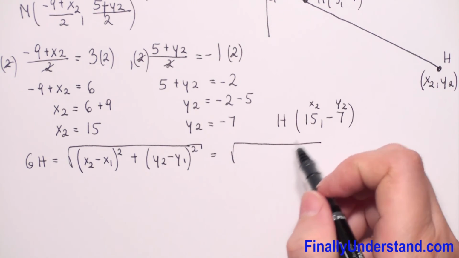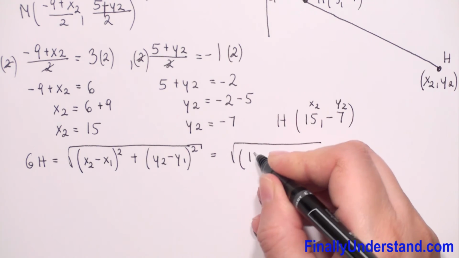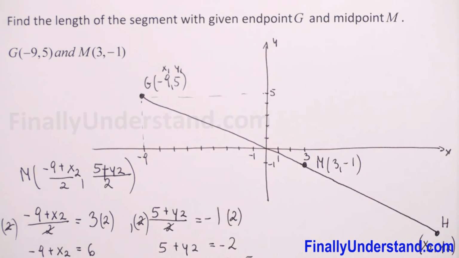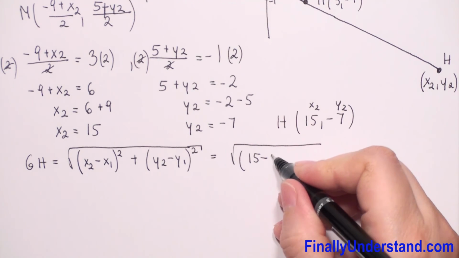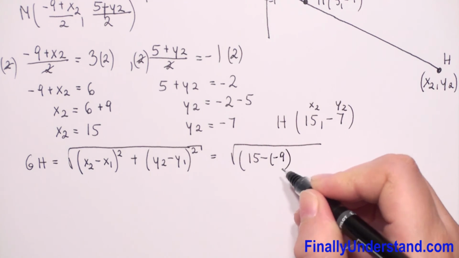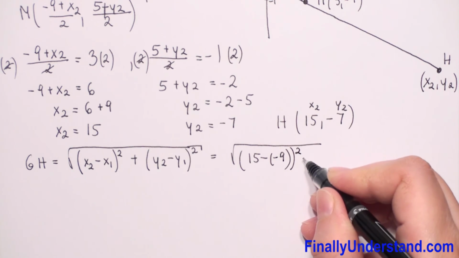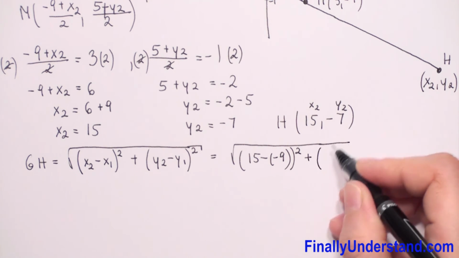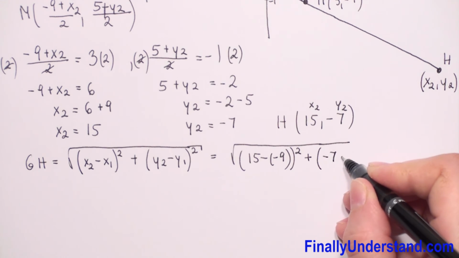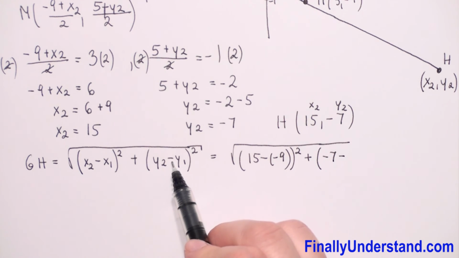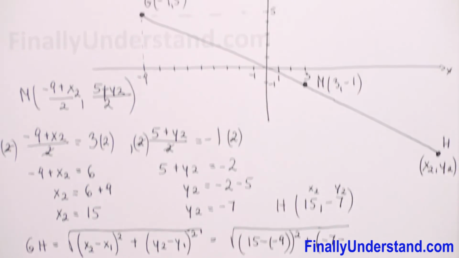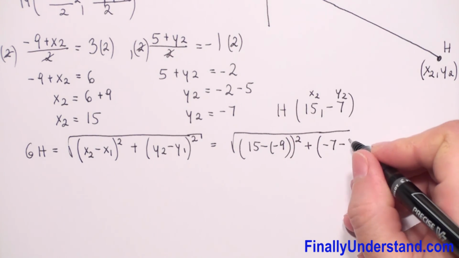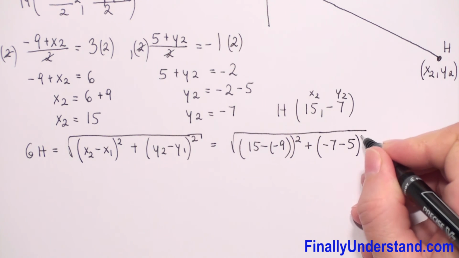So we have x2, 15, minus x1, which is negative 9. We need to put this in parentheses, and raise it to the second power. And plus y2, which is negative 7, minus y1, which is 5, to the second power.